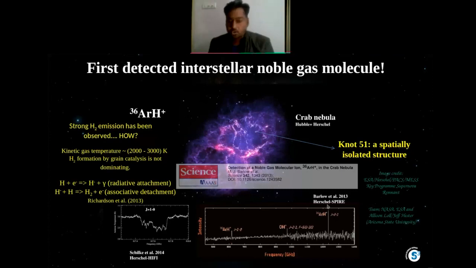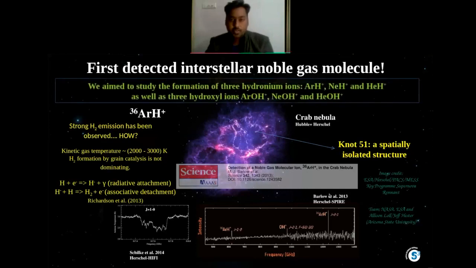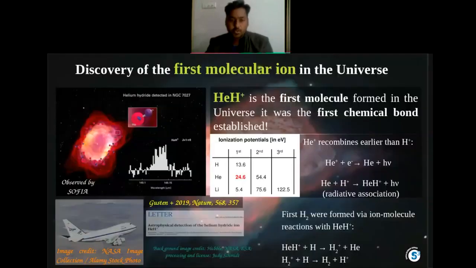Barlow also observed the rotational ground state transitions of ArH+ by the Herschel SPIRE instrument in a similar environment. Motivated by this work, we aim to study the hydride ions ArH+, NeH+, and HeH+, as well as the hydroxyl ions ArOH+, NeOH+, and HeOH+ in a similar environment.